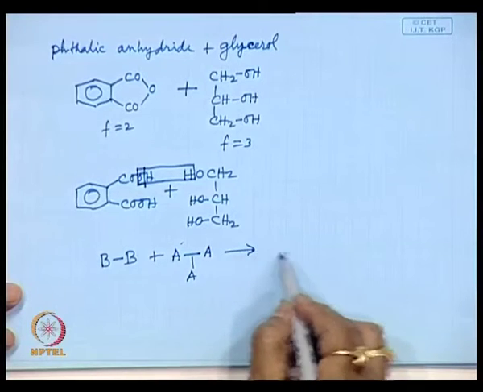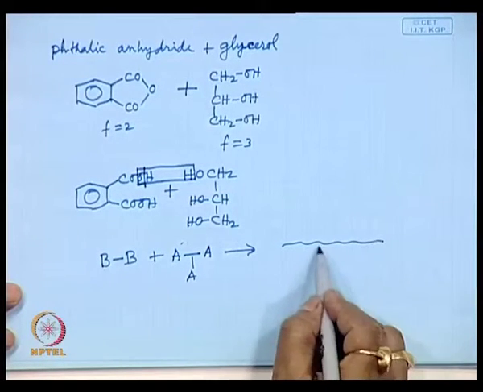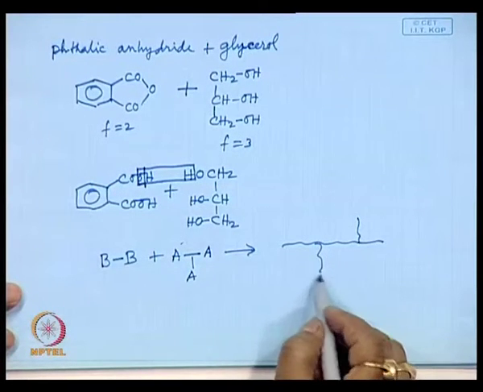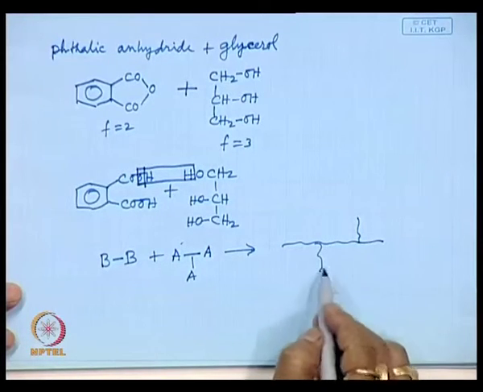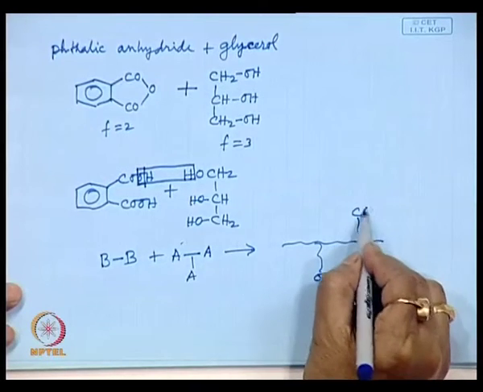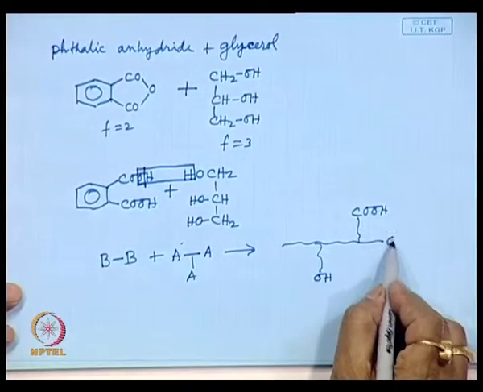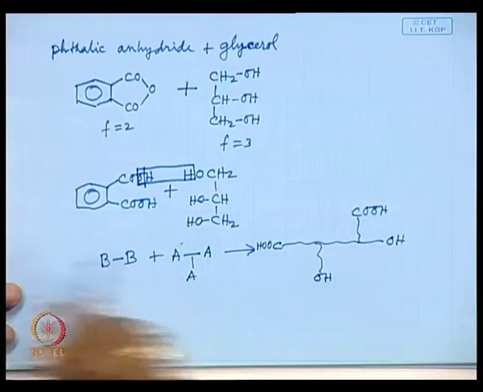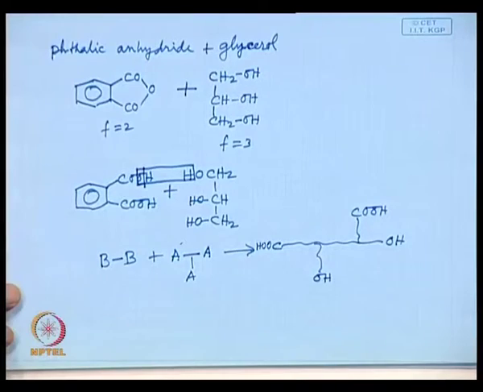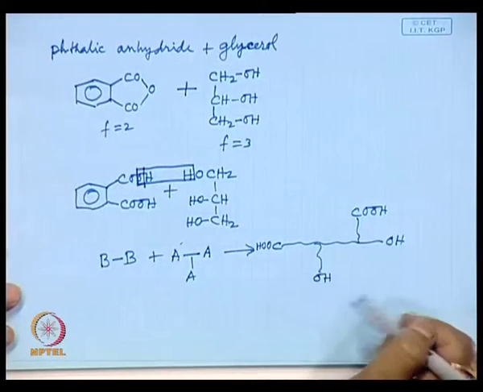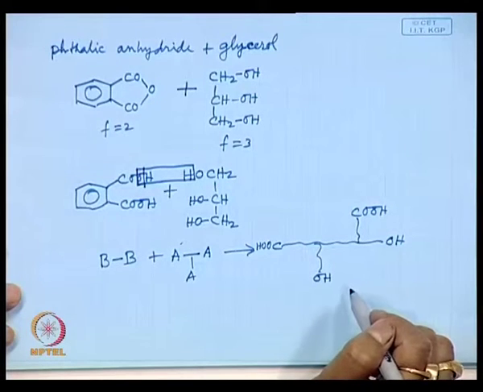So, you will get a polymer system like this, a branch. Now, the ends of this branch or this polymer chain may contain again OH or carboxyl, that means a mixture of carboxyl and hydroxyl functional groups at these ends of the polymer chains.